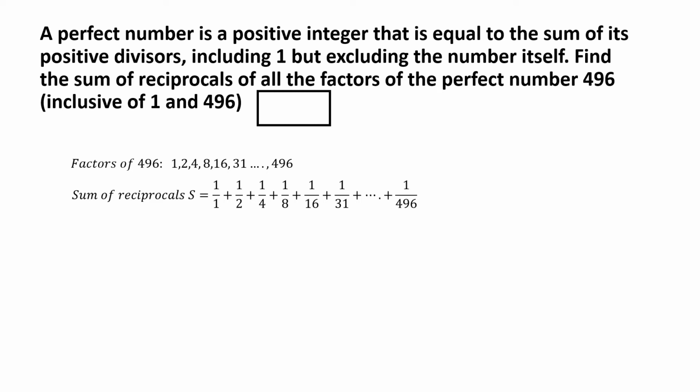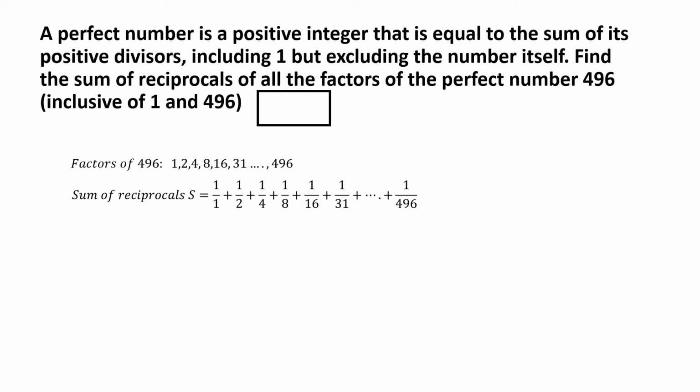So this is not a GP series, but there is something common in those denominators, because they are all factors of 496. So if I take the least common multiple, or the LCM, of all of those denominators, that's going to be 496.